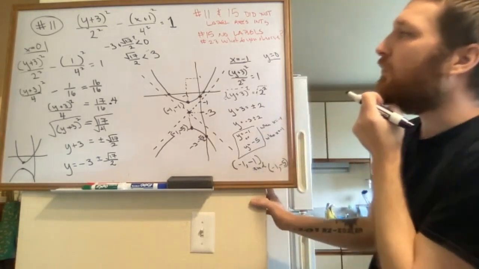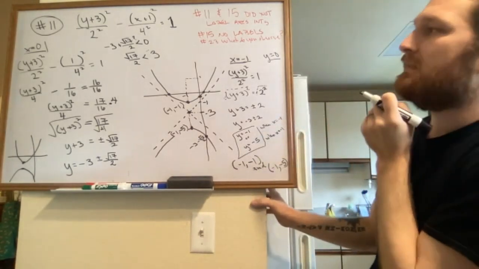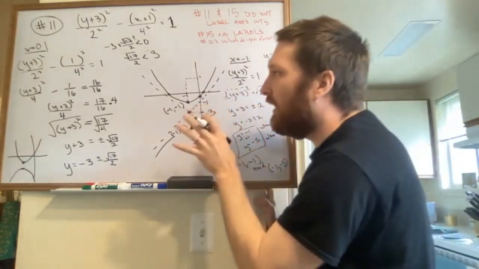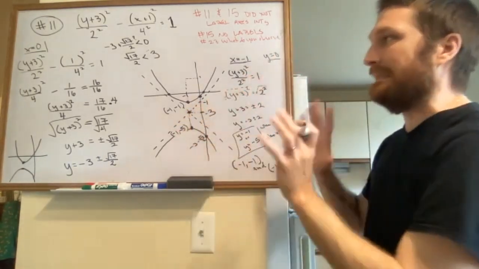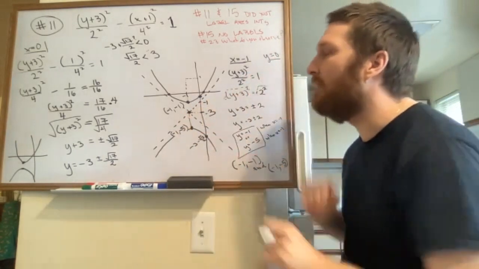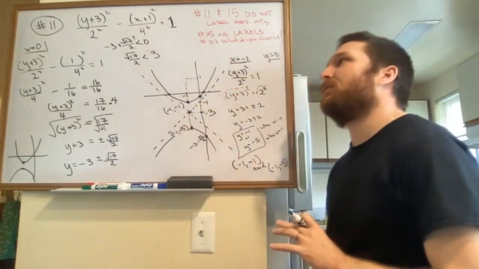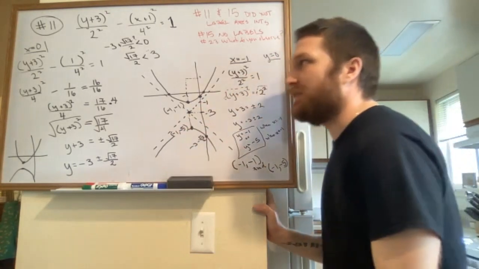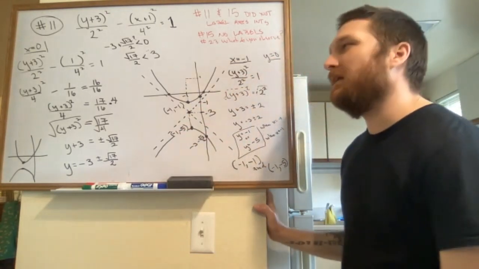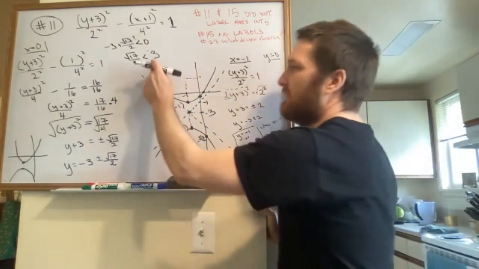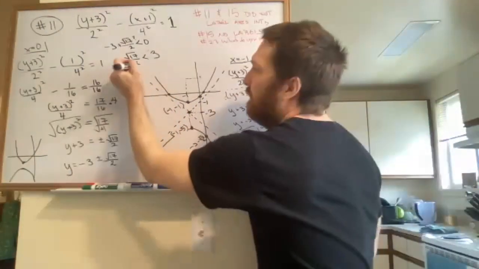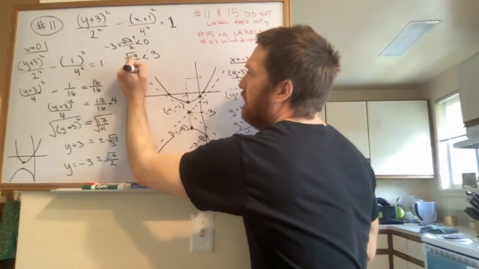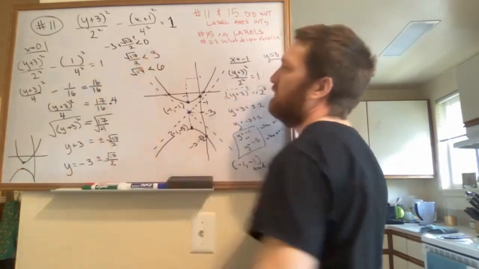And if I could get rid of negatives, that would be nice, because I know what happens when I multiply an inequality by negatives, and I don't want to do that. I also know I need to get rid of a square root, which means I'm going to have to multiply something or square both sides. And if I get rid of negatives, that's going to make my life easier. So let's see. Multiplying both sides by 2 gives me that right there.